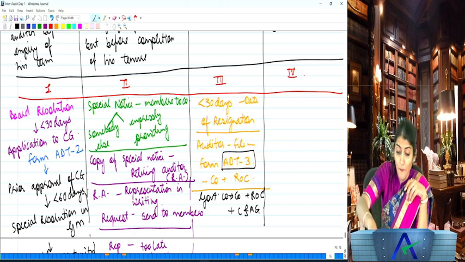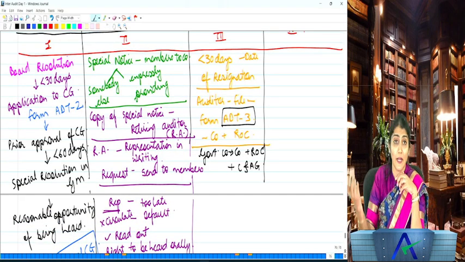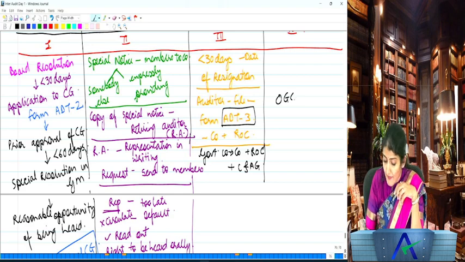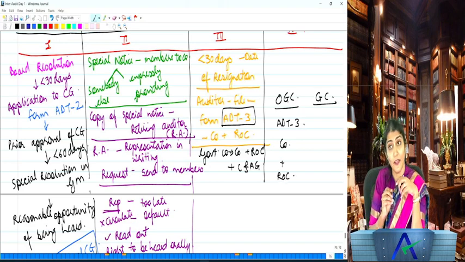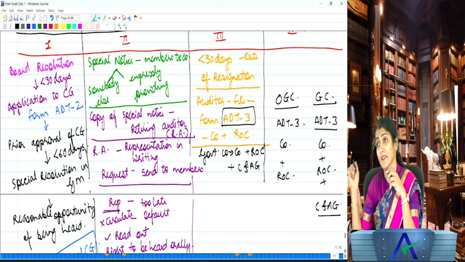Right? If I have resigned as an auditor of any company other than a government company, then I need to file the form ADT3 with the company and the ROC. If I have resigned as an auditor of a government company, then I need to file the form ADT3 with the company, the ROC, and also with the C and AG. Do you understand this?